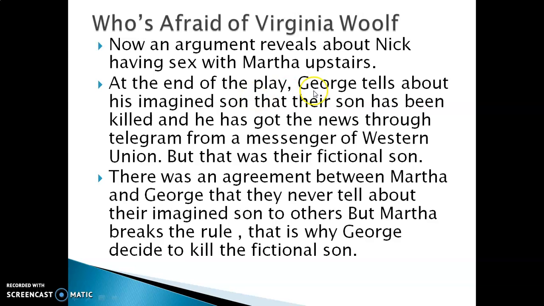At the end of the play, George tells about his imagined son, that their son has been killed. At the end of the play, George makes a false story in which he tells Martha that their son has been killed, and he has got the news through a telegram from a messenger of Western Union. But that was their fictional son.